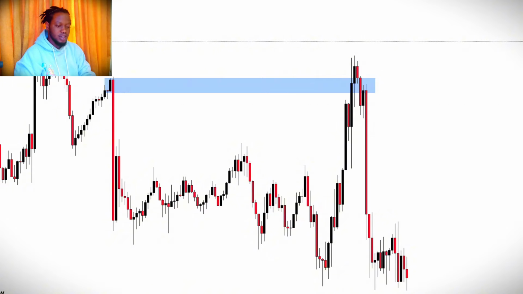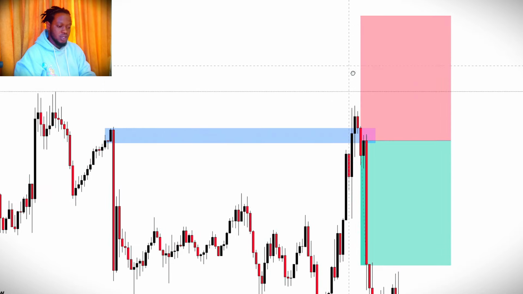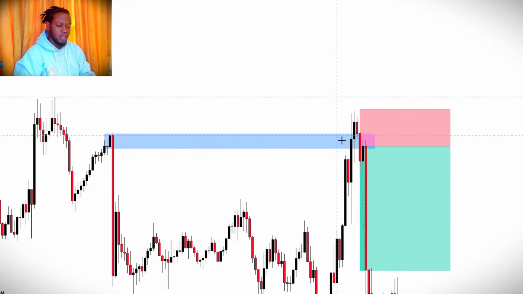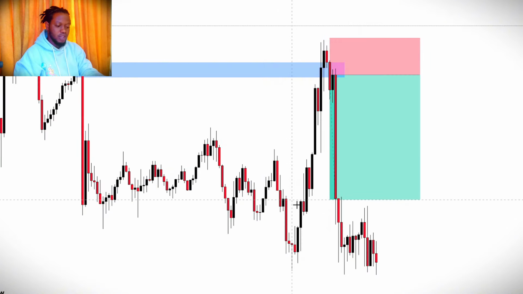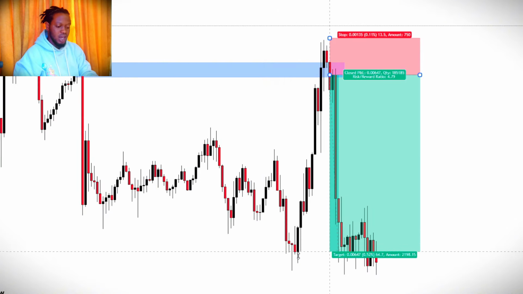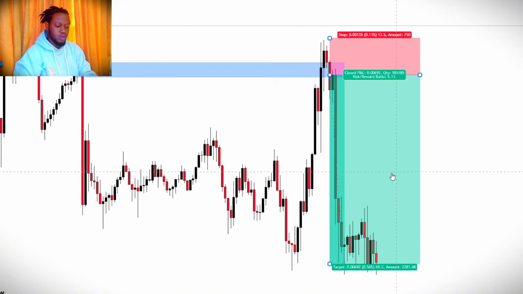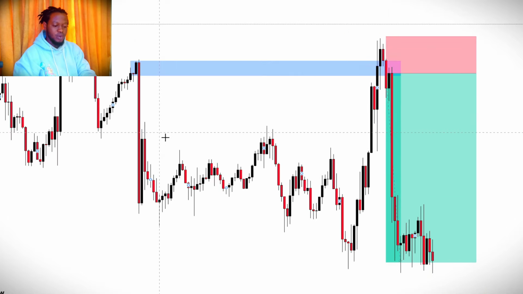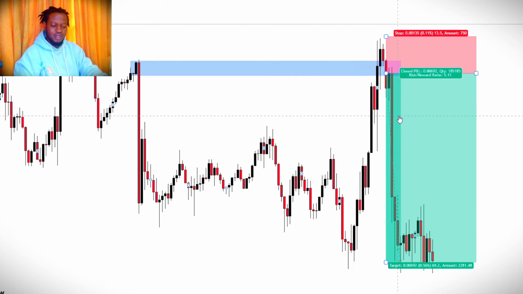Then you can enter for your trade from this point, and then your stop loss right above that swing high, and your TP at the next swing low, just like this. All right, so this is a valid order block. As you can see, it played out successfully.